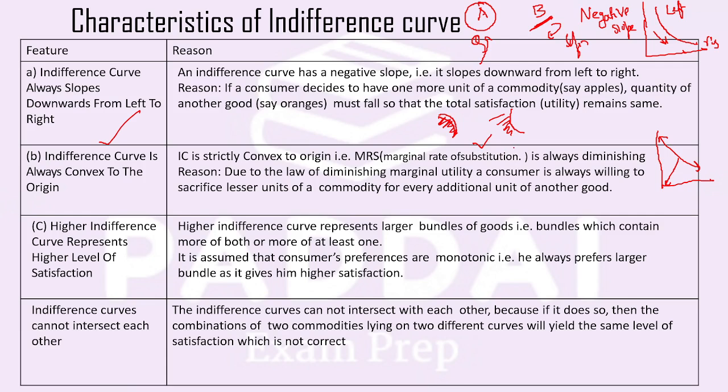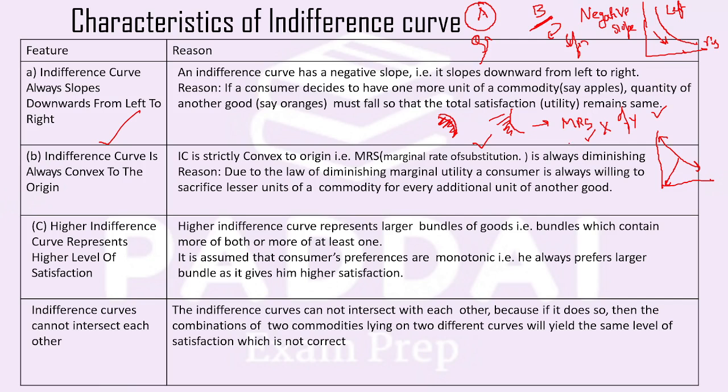What does the marginal rate of substitution say? MRS of x for y says the rate at which I am ready to substitute y for additional x, keeping utility constant.